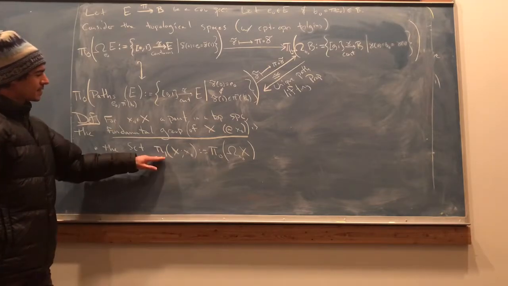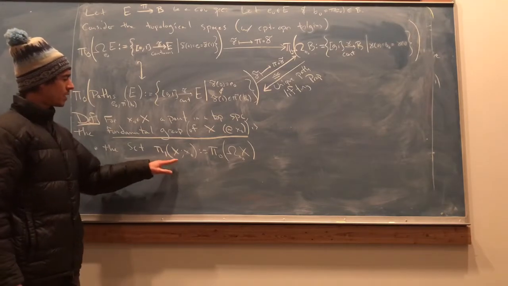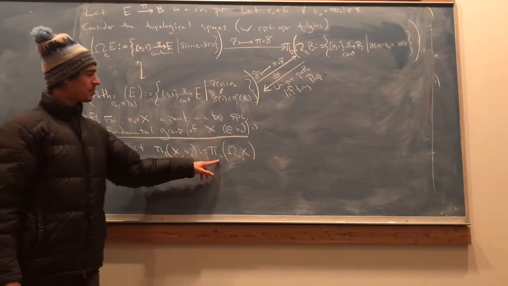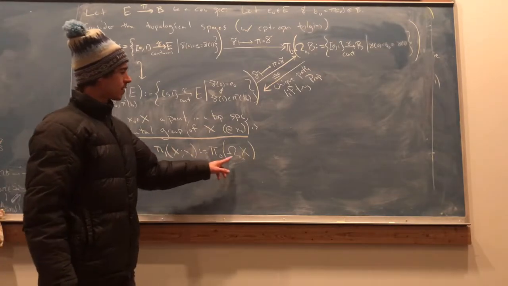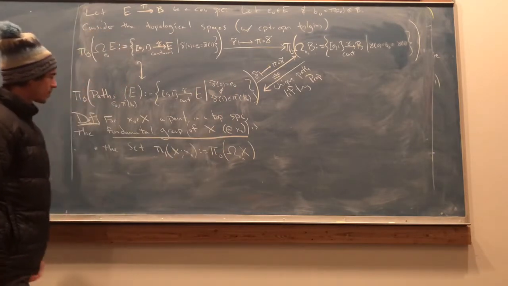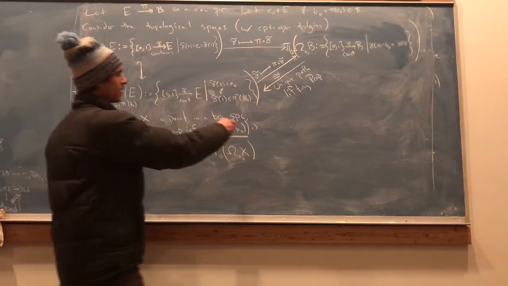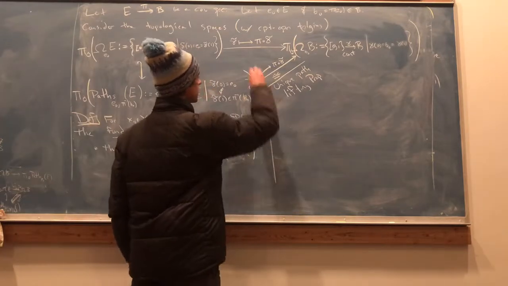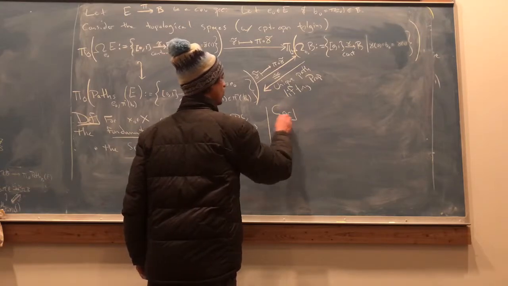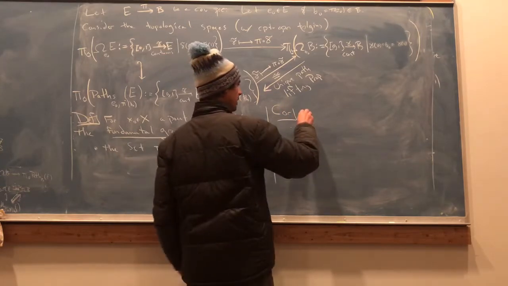It's simply the set called pi1 of x semicolon x naught. It's defined to be the set of path components of this base loop space of x.